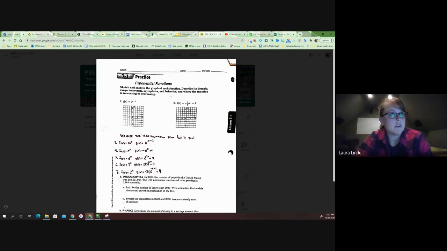So make sure you plot those in Desmos or with your graphing calculator to get an idea of what the graph looks like, and then do your analysis from there. Then the transformation from f of x to g of x. This is the same kind of thing that we were just doing with our examples. You have the original function and the transformation, and then you have to say what happened.